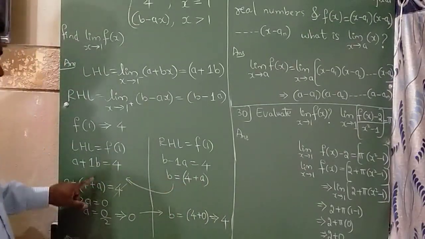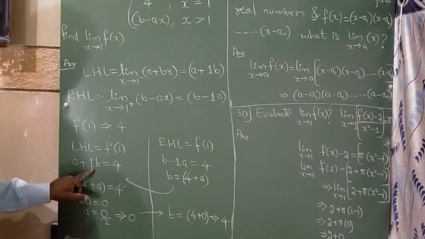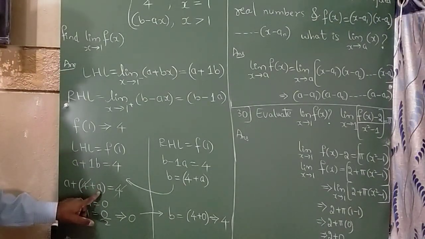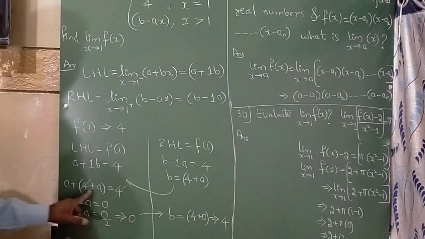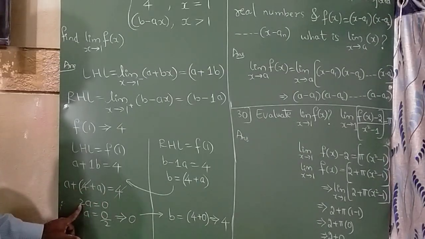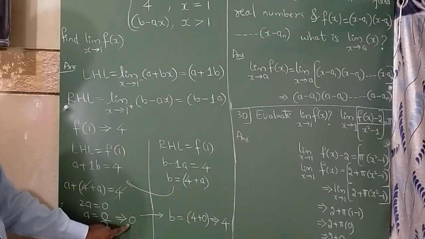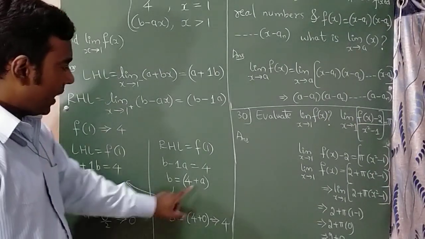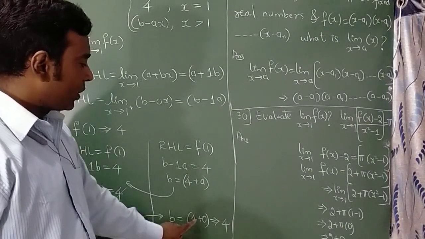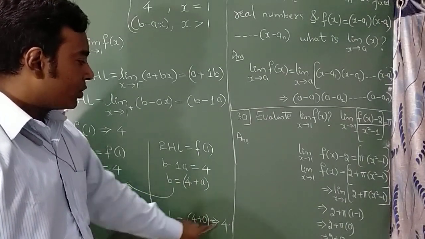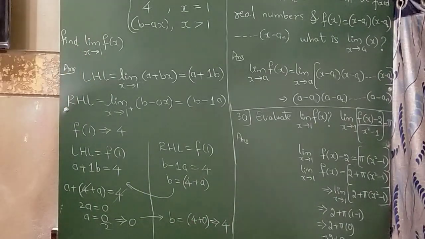This b value I am substituting here, a plus in place of b, 4 plus a is equal to 4. This 4 get cancelled, a plus a is 2a, this is equal to 0. So a is equal to 0 upon 2 is nothing but 0. So a value I am going to substitute here, b is equal to 4 plus 0. So answer is 4.